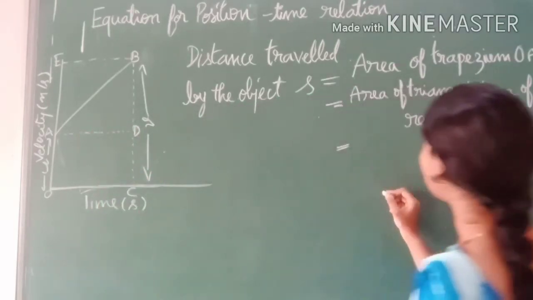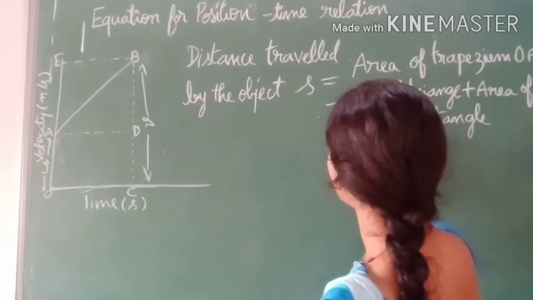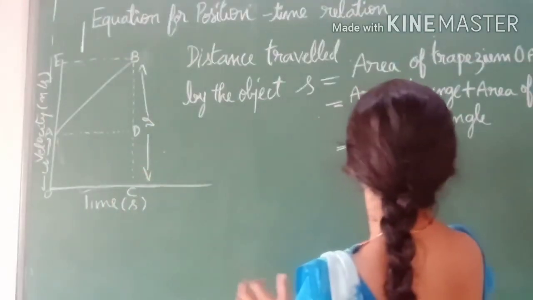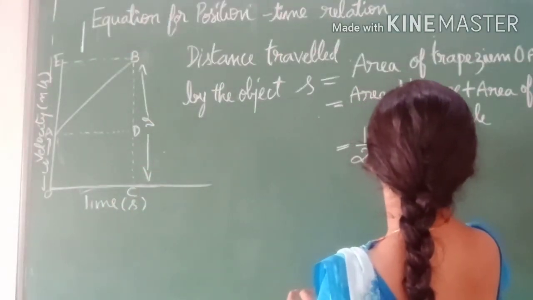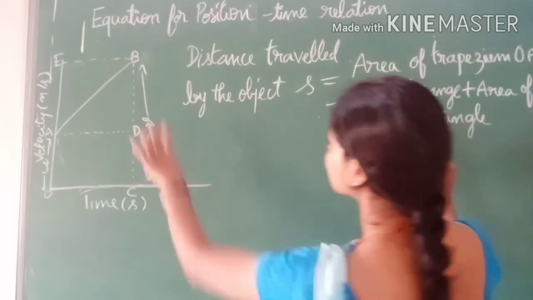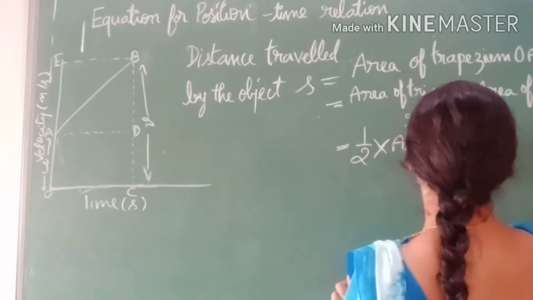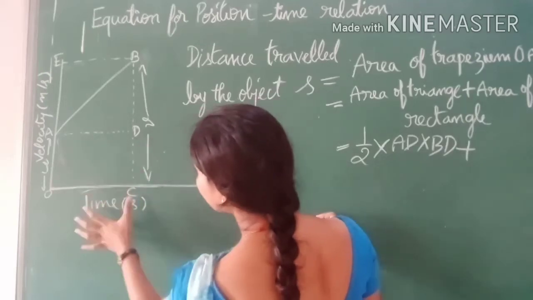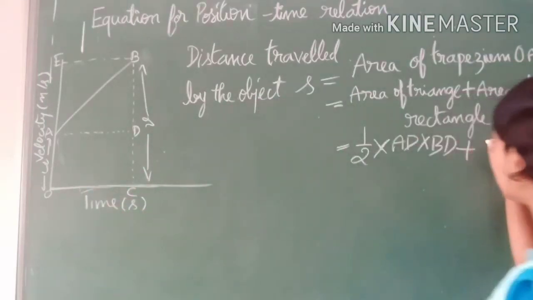Area of the triangle ABD is half into base into height. Here base is AD, height is BD, plus the area of the rectangle, OA into OC.